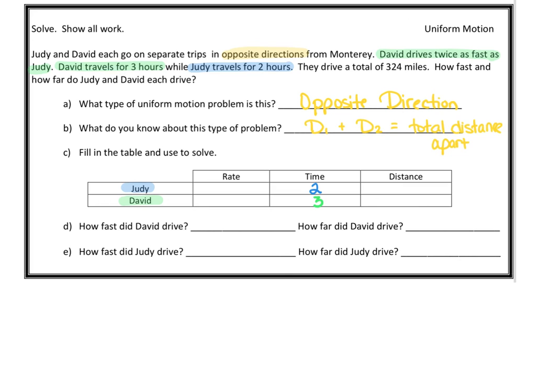What's the problem if I write a T like this? Looks like a plus sign, okay? So be very intentional about what you're writing. I do recommend you use D, R, and T, because then at the end, when you get a weird number, like for example, if you get that you're traveling in a boat at 700 miles an hour, that's not a valid rate for a boat, right?